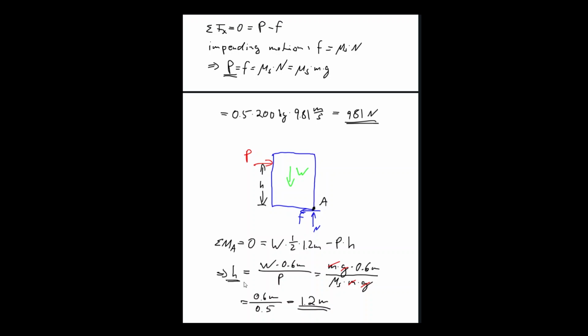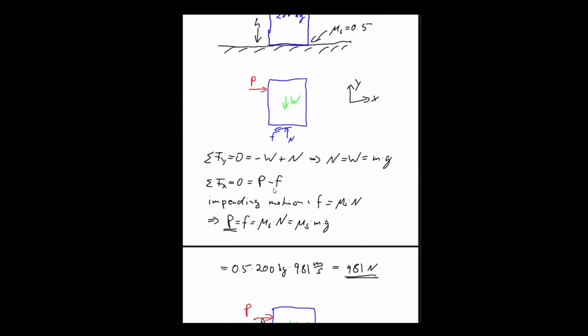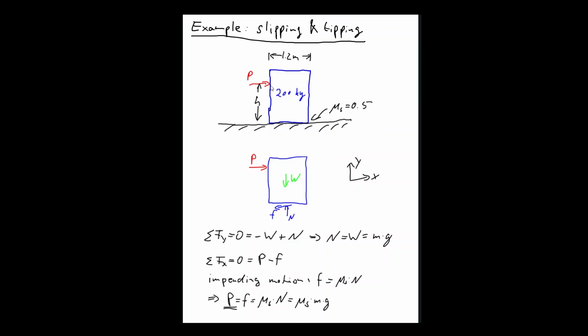So we know that the height that this is acting on would be at 1.2 meters. So we go back to this, basically we'd have almost like a square, 1.2 times 1.2.